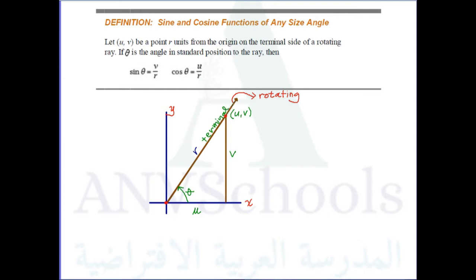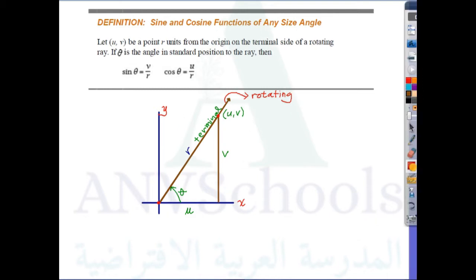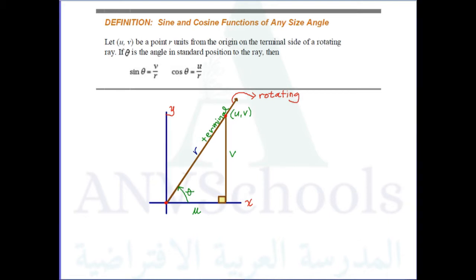So what are we going to do here? Let us define some variables. As you would notice, we are actually creating a right triangle here, right? We formed a right triangle with r as our hypotenuse. What is the definition of a hypotenuse?